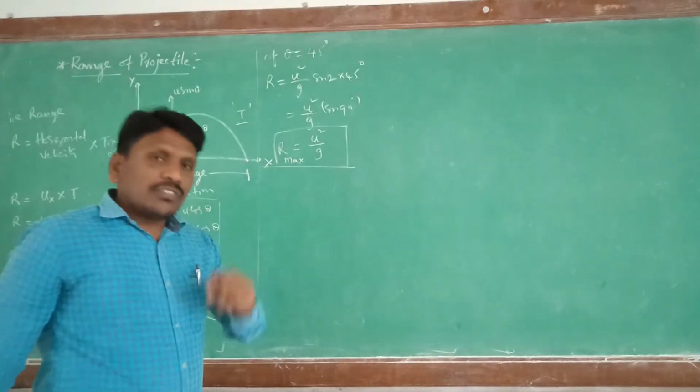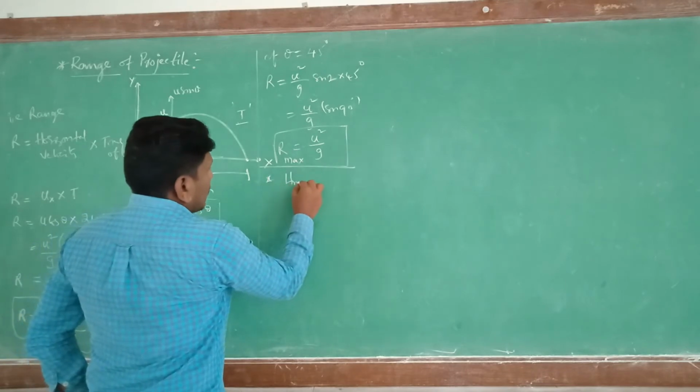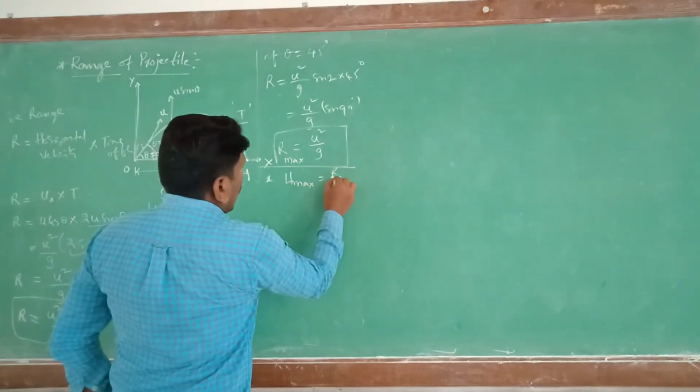Now sometimes there is one problem. H max is equal to R by 2.